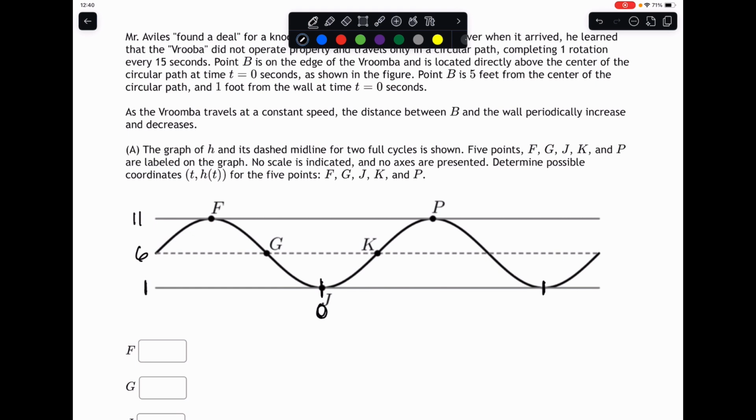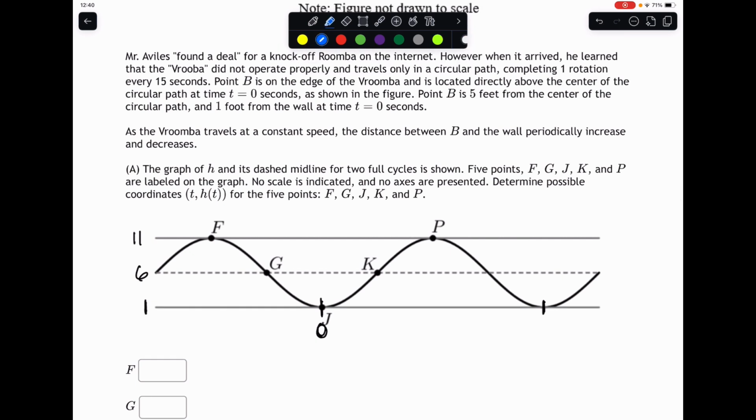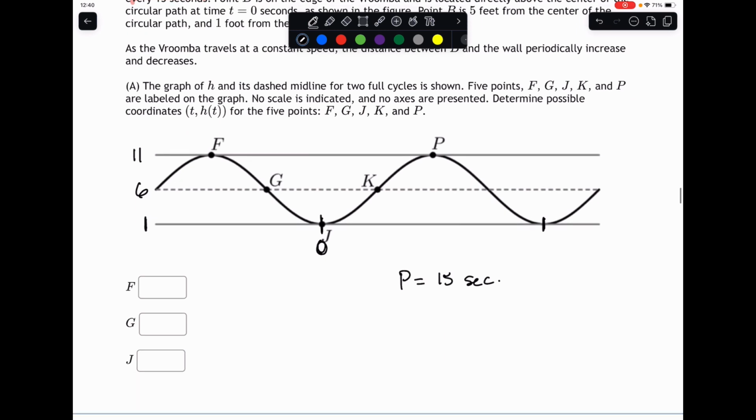Now, since one rotation takes 15 seconds, that means our period is going to be 15 seconds. Dividing that period of 15 by 4 ends up equaling a total of 3.75. So the distance from one point to another horizontally is going to take 3.75 seconds.